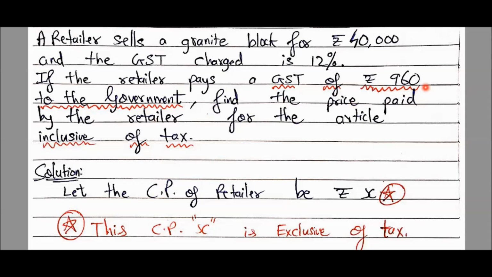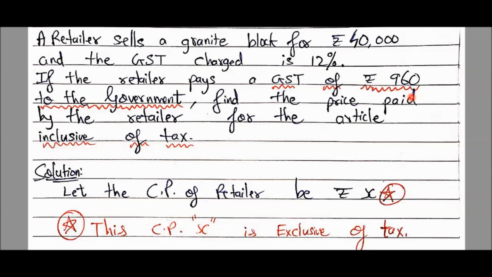Here it is given that GST paid by the retailer is nothing but rupees 960, and I'm shouting since the first lecture in this chapter that on what we calculate GST. Say yes, we calculate GST on profit. So can I say, students, first thing I need to get is the profit earned by the retailer.